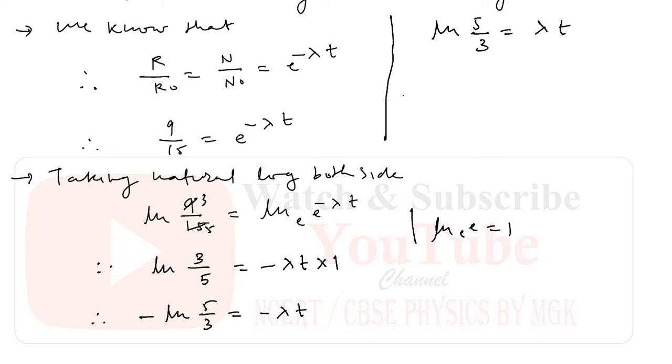Now we convert from natural log to log base 10. For that we have to multiply by the number 2.303: 2.303 log base 10 of 5 upon 3 is equal to lambda t.